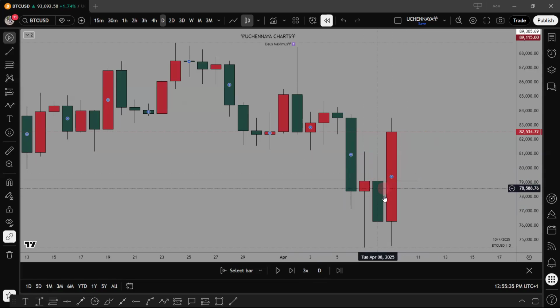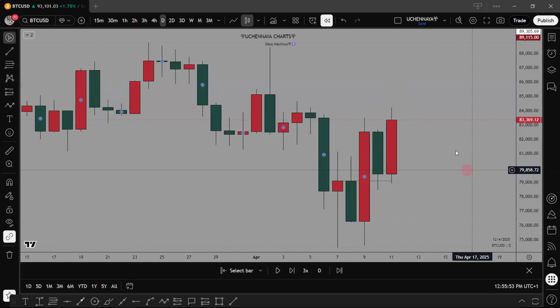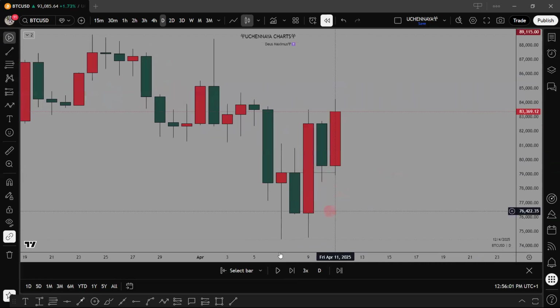Okay. So this level now becomes a resistance, gets broken, turns into a support to sponsor more buys. Now the next candle that came, see, tapped right into it. And what happened next? He bought. Right. That is what an RBS means.